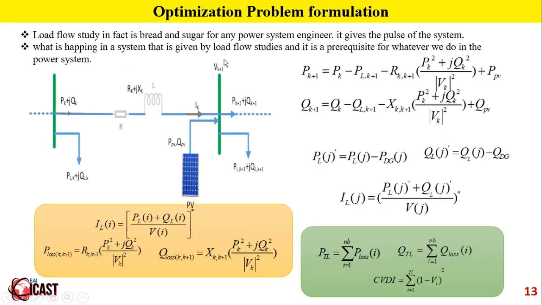a load flow analysis is in fact bread and sugar for any power system engineer, it gives the pulse of the system, and a lot of equations are used as shown here.